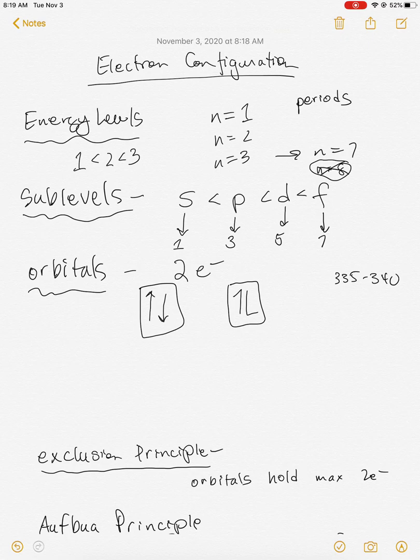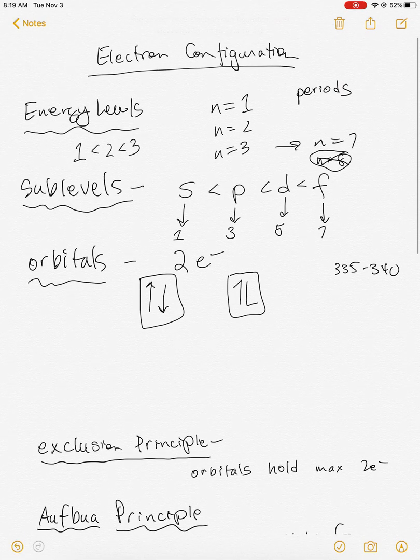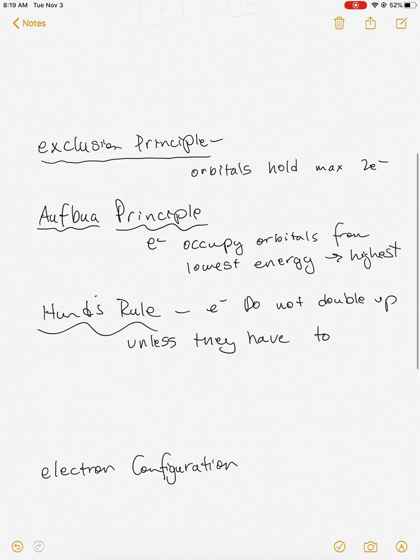Before we start coming up with the address for each of these elements, there are some rules for how the electrons fill these orbitals. Here are the 3 rules. The exclusion principle says that orbitals hold a maximum of 2 electrons.